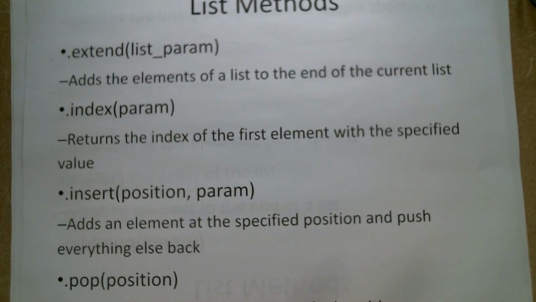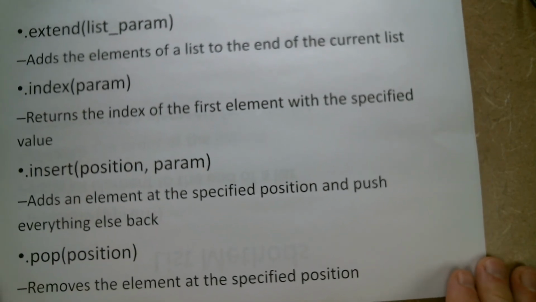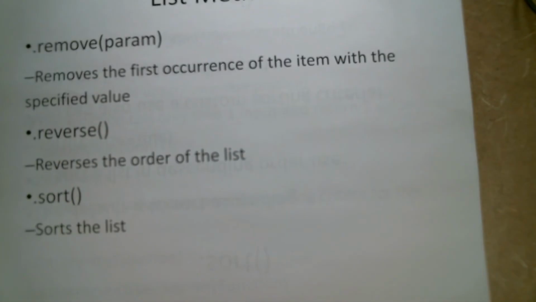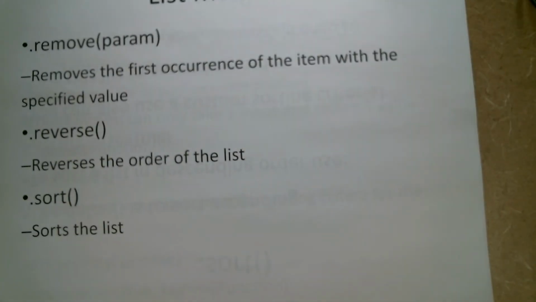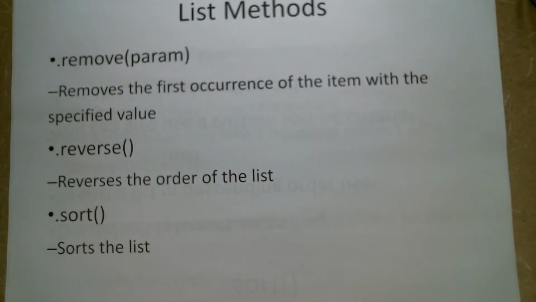There's a pop command, which removes an element at a specified position. So if you provide an index number, it'll specifically get rid of that one item and pop it off the list. Remove removes the first occurrence of an item with a specified value. Reverse will flip the order of the list.